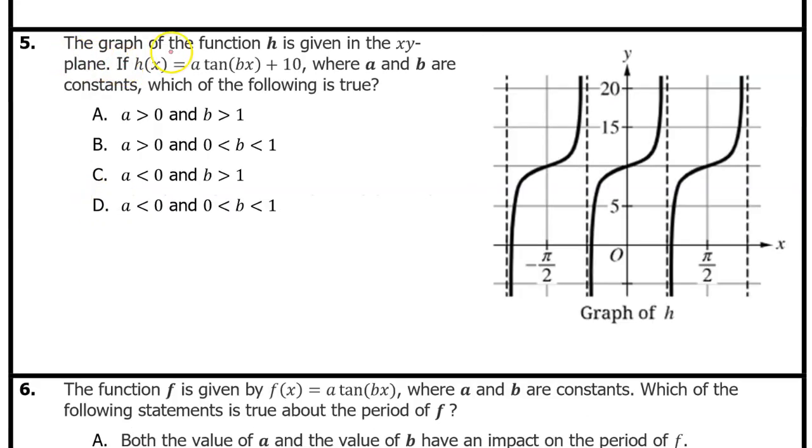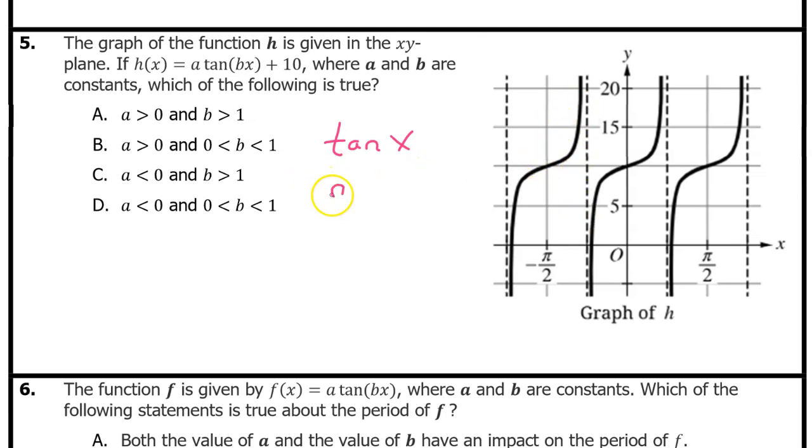Number 5. The graph of the function h is given in the xy plane. If h of x is equal to a times the tangent of bx plus 10, where a and b are constants, which of the following is true? We have learned that the parent function, tangent x, is always increasing. So, if the function h is always increasing, that means there has not been a reflection over the x-axis.